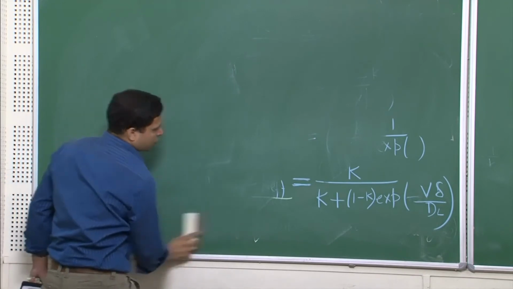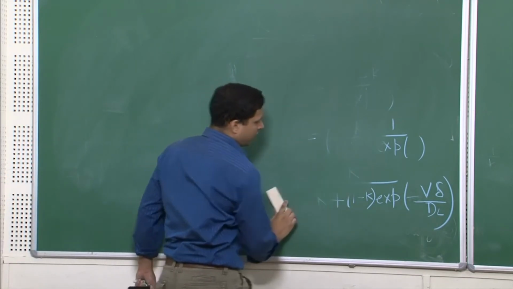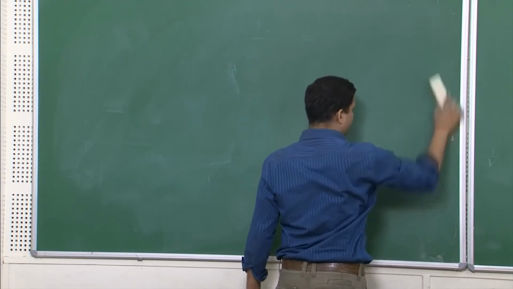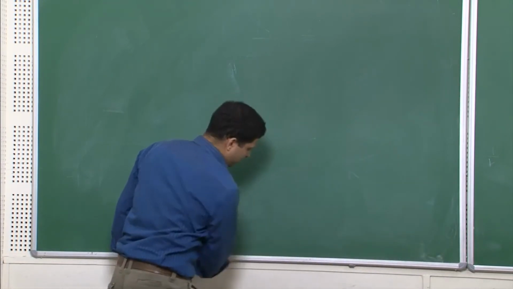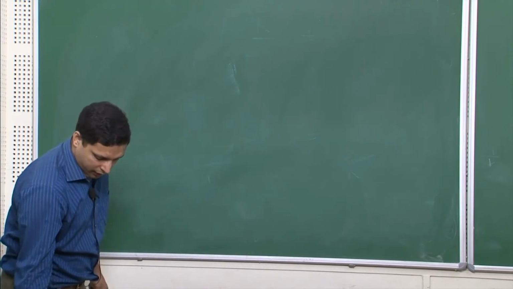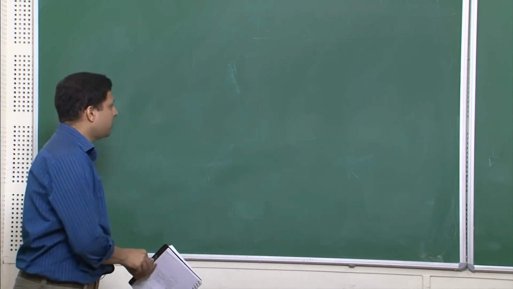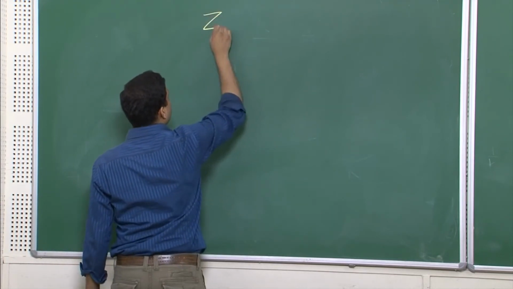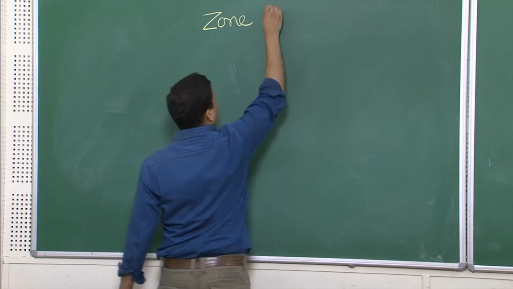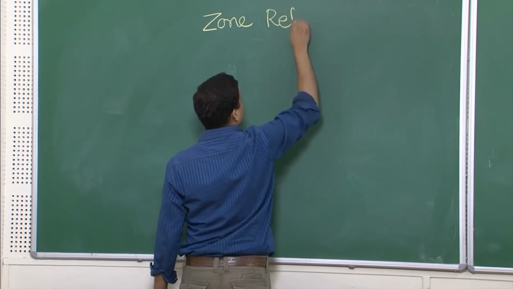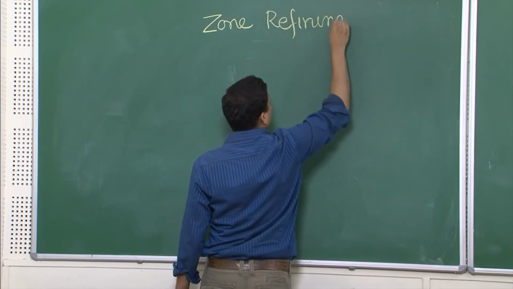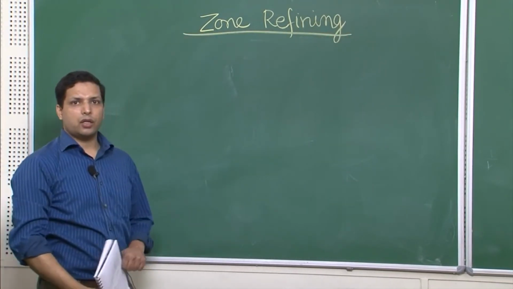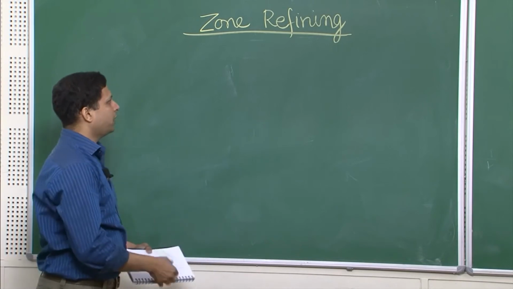As the name suggests, there must be some kind of refining taking place, but what is that refining, or why do we want to refine? The answer is, when you get to that plot again. So we are talking about zone refining.